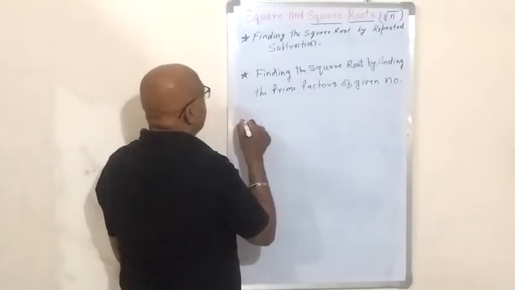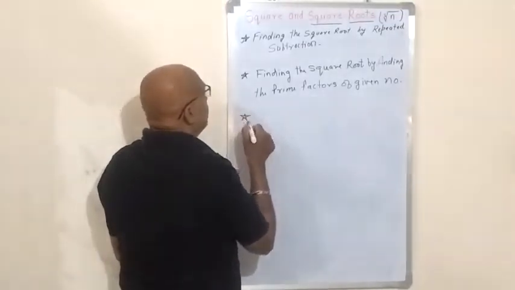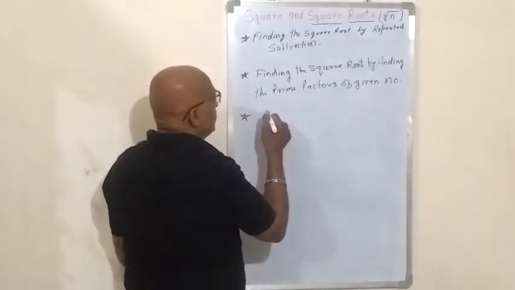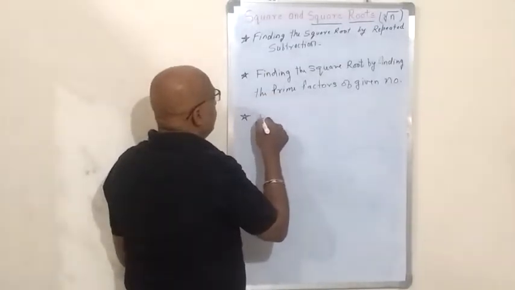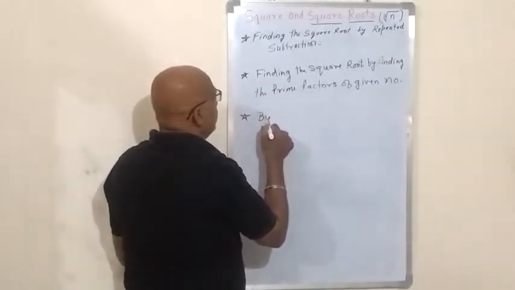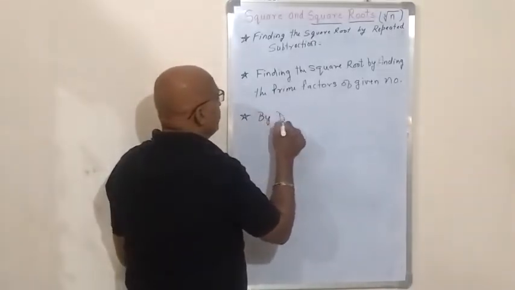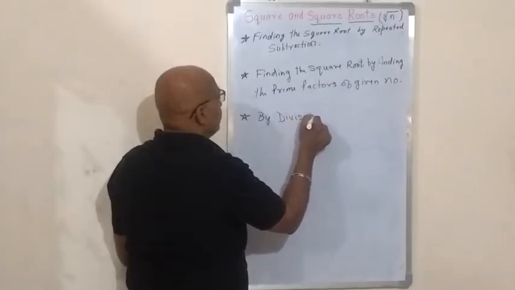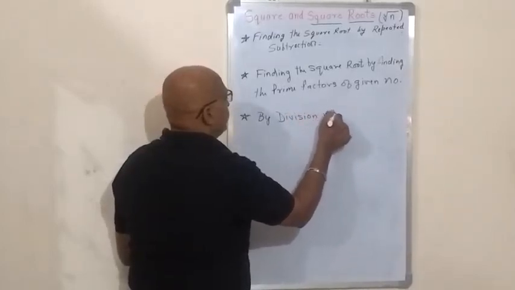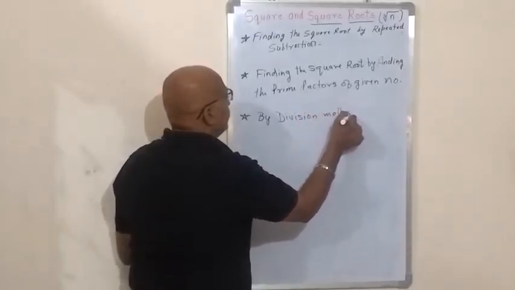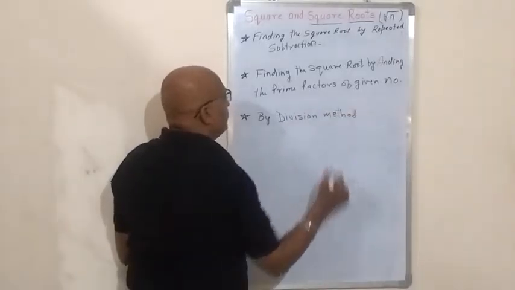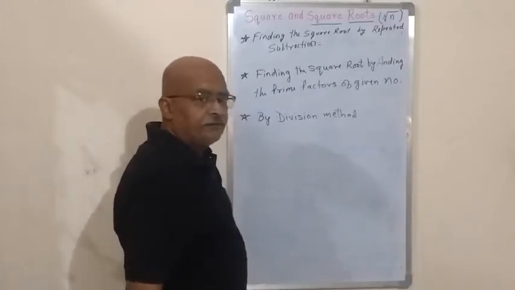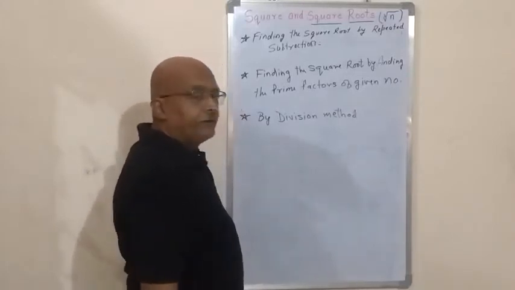the third method of finding the square root is by division method. By division method we can find out.